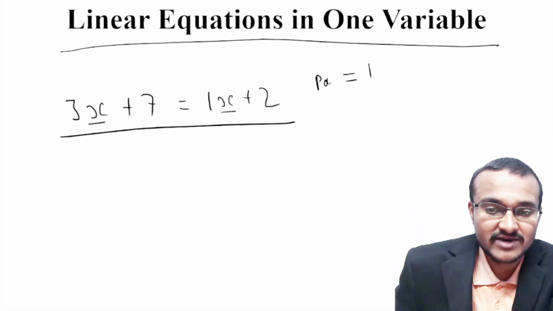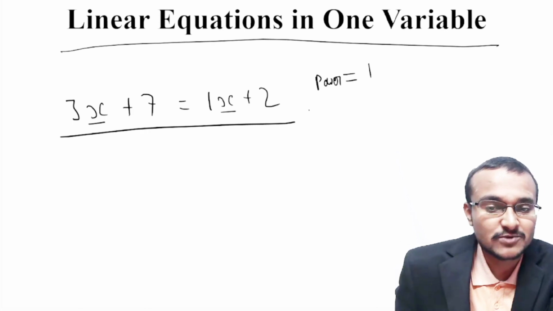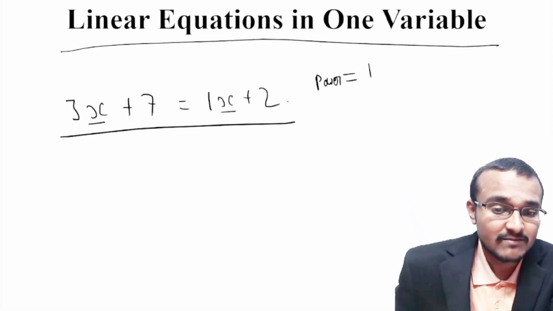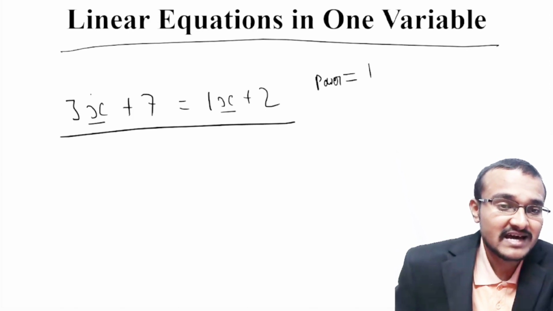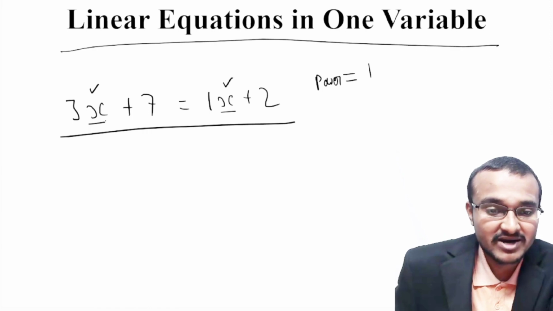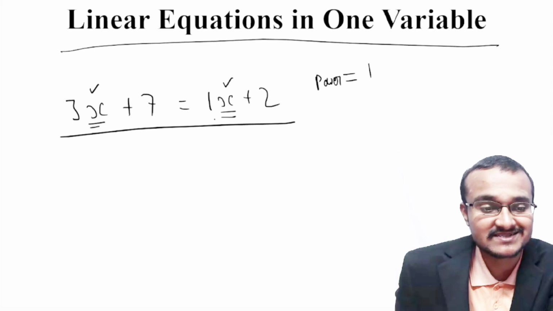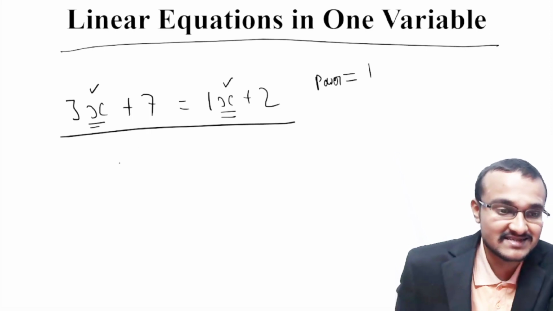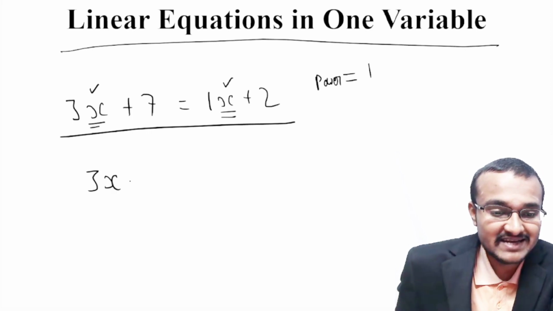Hence it is a linear equation. You might have a doubt that two variables are there, but actually they are one and the same, because x is here and x is there. So I can take this 1x to the other side and it will become minus 1x.